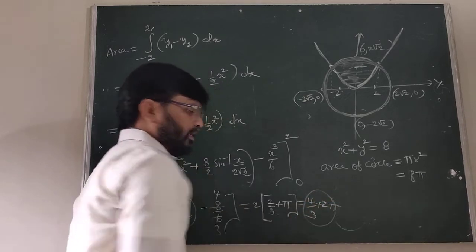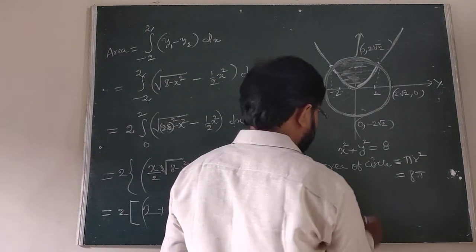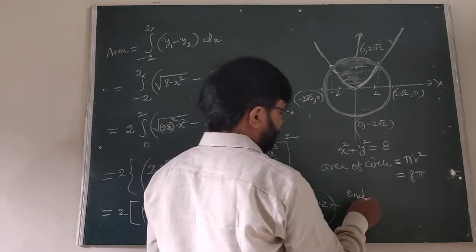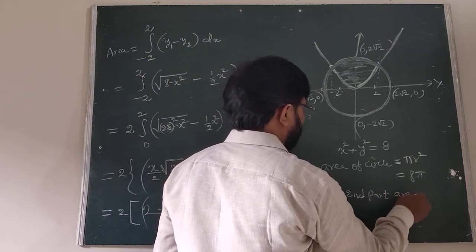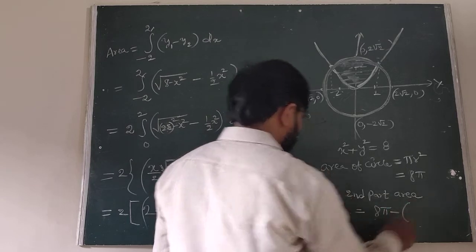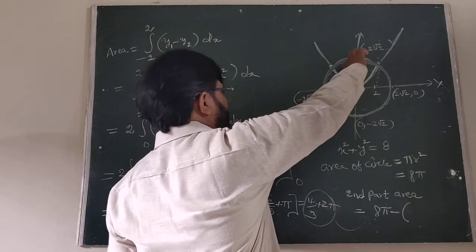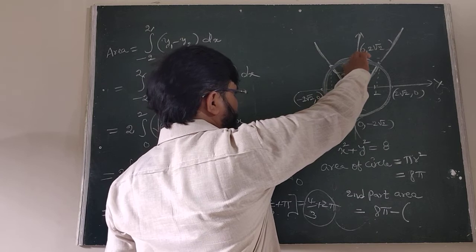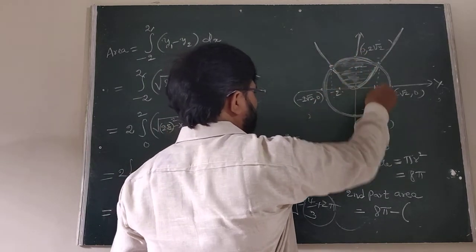Now we can write the second part area. Second part area equals the total area, 8 pi, minus the first part area. This is the common part, the intersecting part. This area is bounded by or enclosed by the two curves and the lines x equal to minus 2 and x equal to 2.